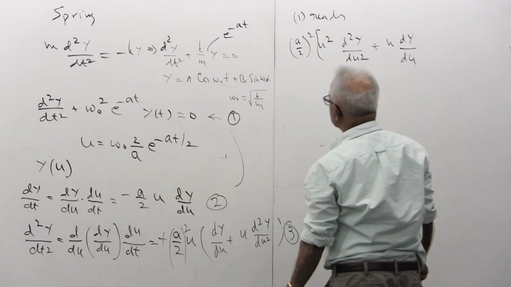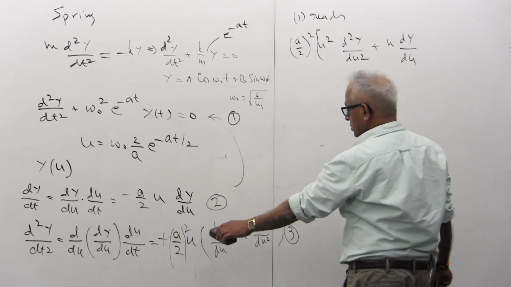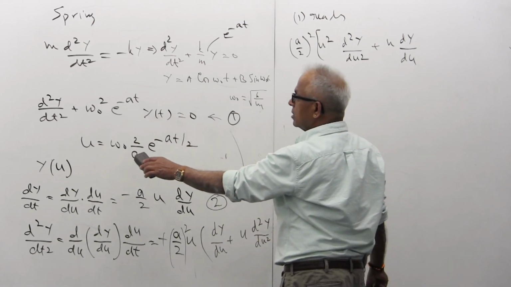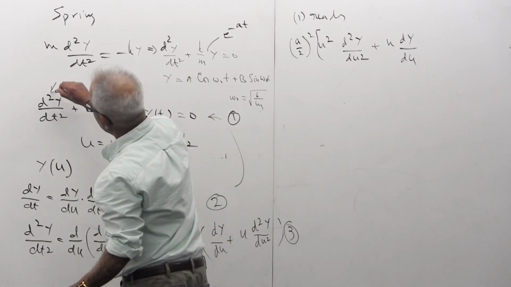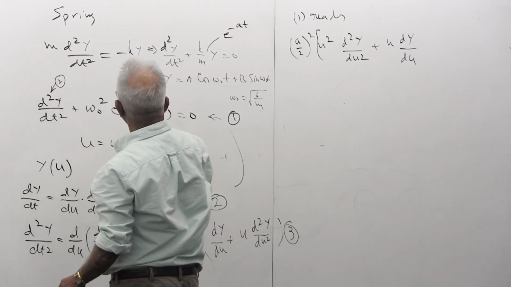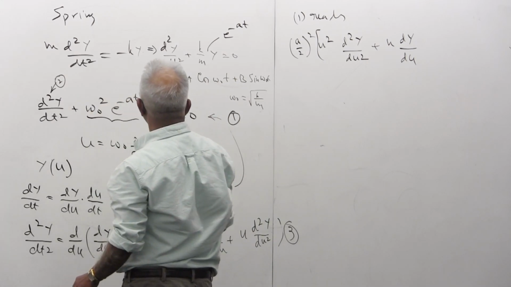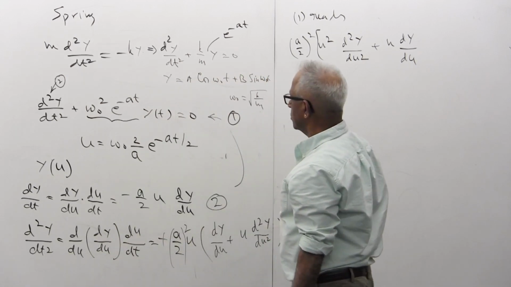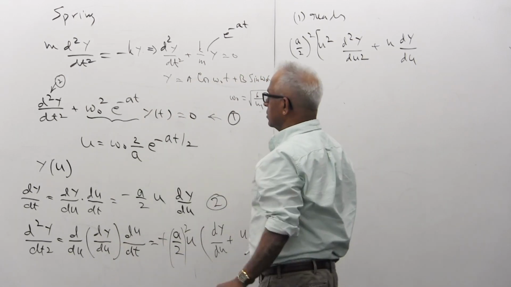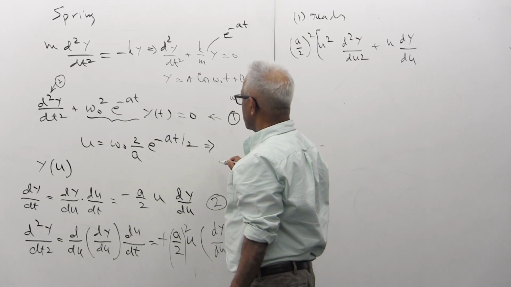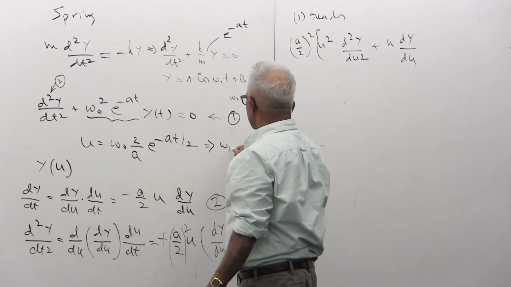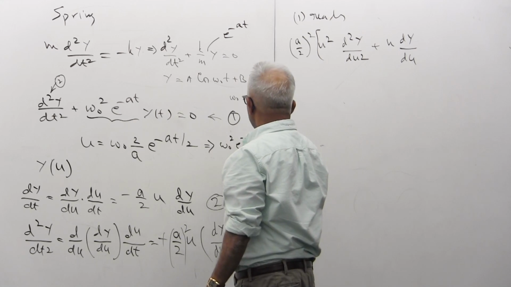I just substituted here, number 2 went here, and this quantity is in terms of u. So from here you have omega squared e raised to minus at.